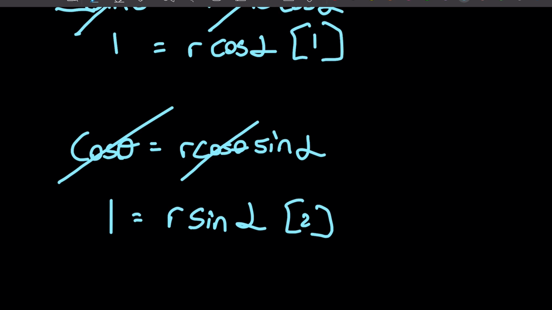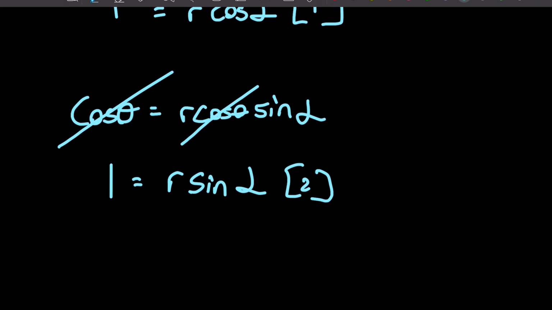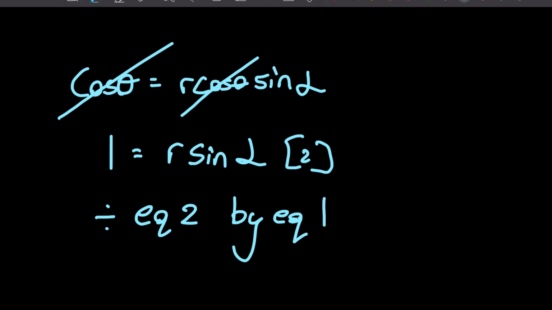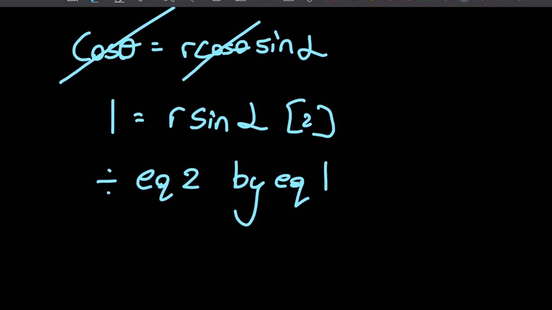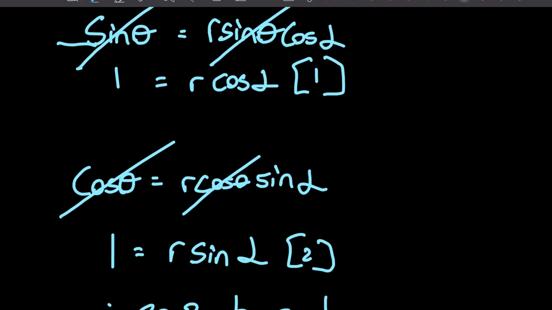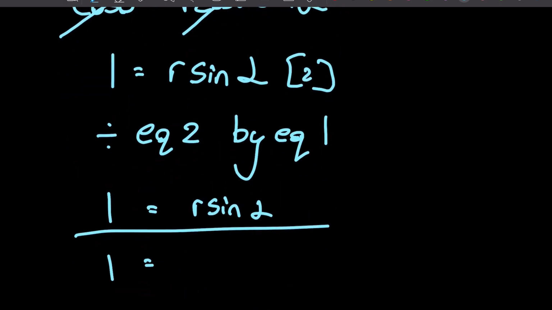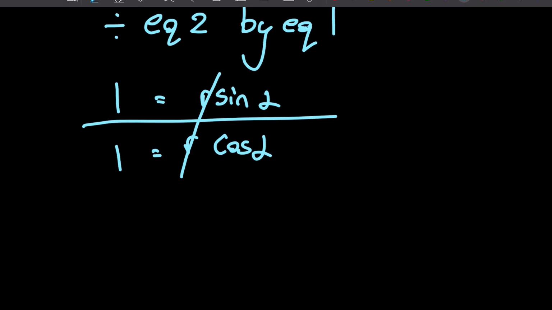Well, we know that tan is equal to sine over cos. So we can divide equation 2 by equation 1. We have 1 equals r sine alpha divided by 1 equals r cos alpha. This way the r's cancel out, and 1 over 1 is just 1, which is equal to tan alpha.